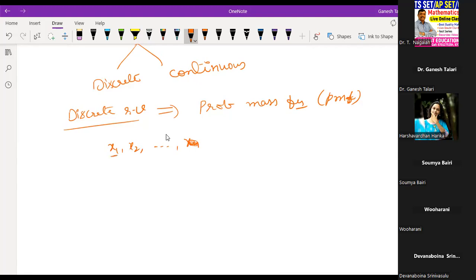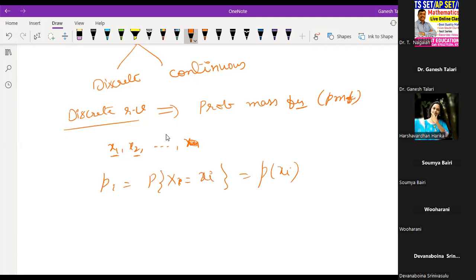Each number we are assigning one probability. Let that probability be pi. We can write probability of X equal to xi, or simply p of xi.